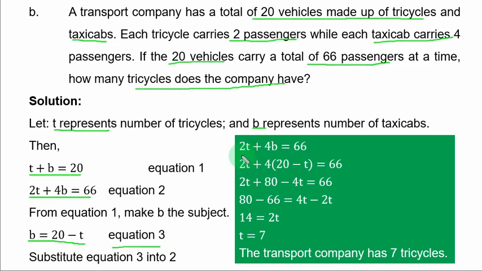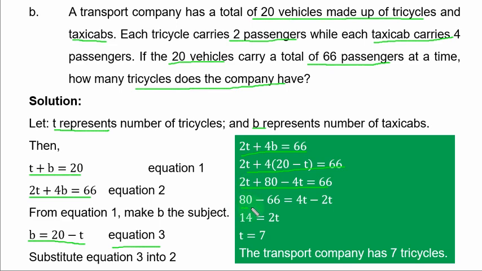So this is equation 2. Anywhere B is, you replace it with 20 minus T in this form and open the bracket, where you have 2T + 80 - 4T = 66. In order to have positive T, you have to transfer 2T minus 4T to the right hand side and take 66 to the left hand side.